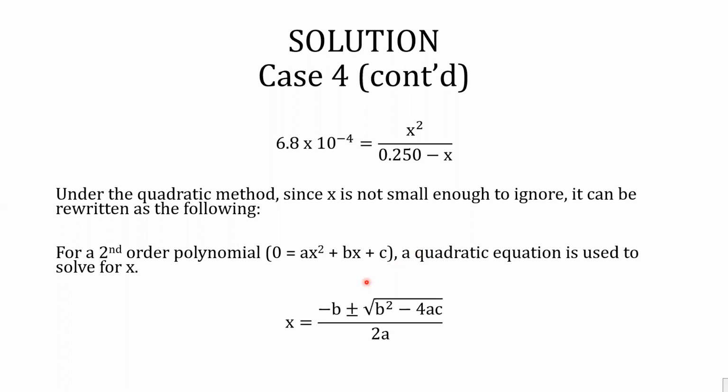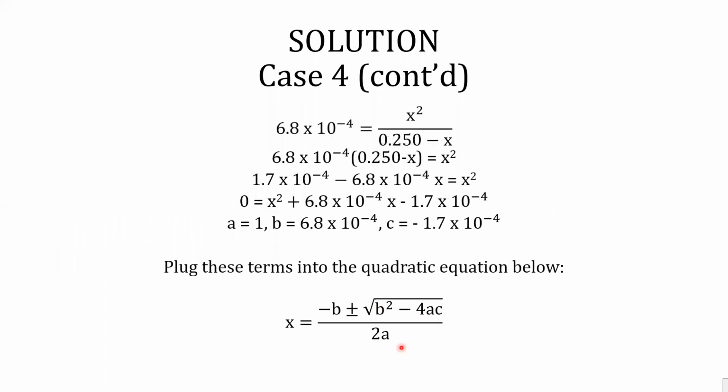The quadratic equation is x equals minus b plus or minus the square root of b squared minus 4ac, divided by 2a. After expanding the Ka expression in the form of the quadratic equation, one plugs in the values of a, b, and c, where a equals 1, b equals 6.8 times 10^-4, and c equals negative 1.7 times 10^-4.